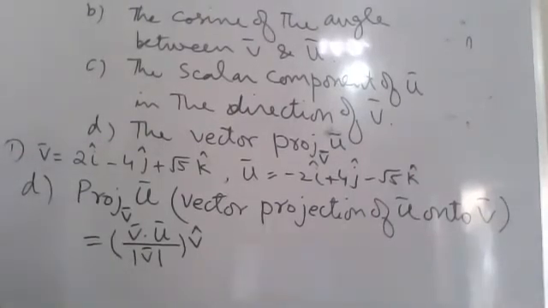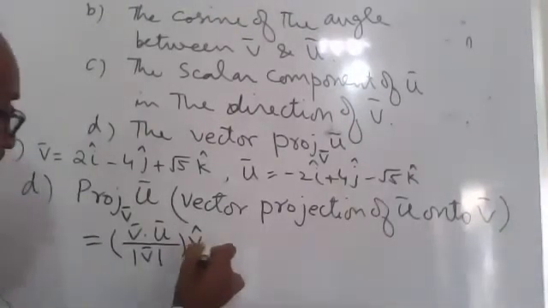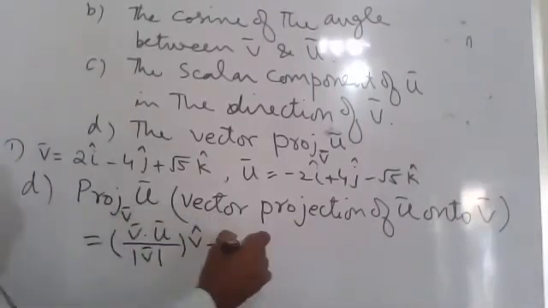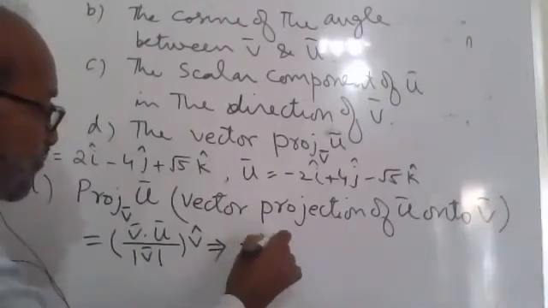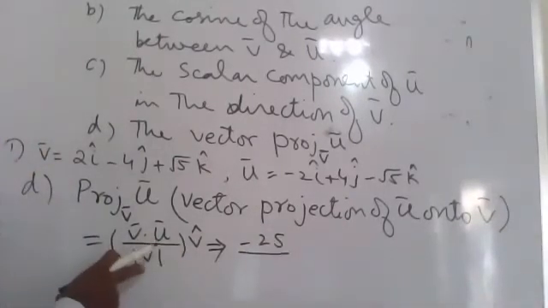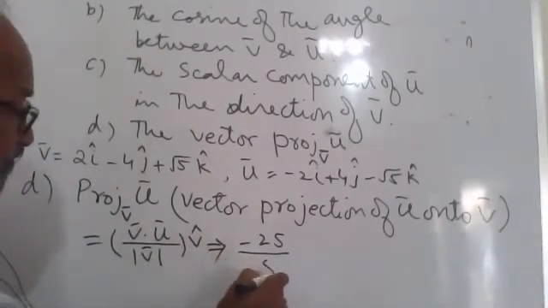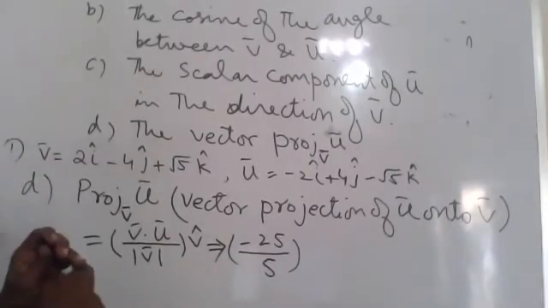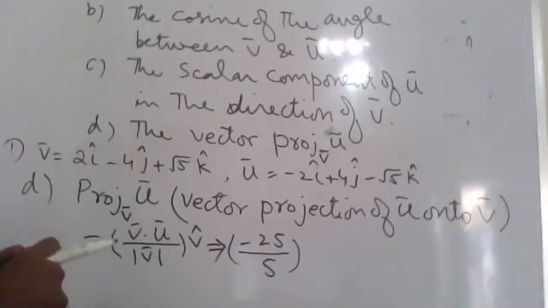So how to find the unit vector? U dot V we already found, minus 25. Magnitude of V will be 5, into the unit vector of V. How to find the unit vector of V?